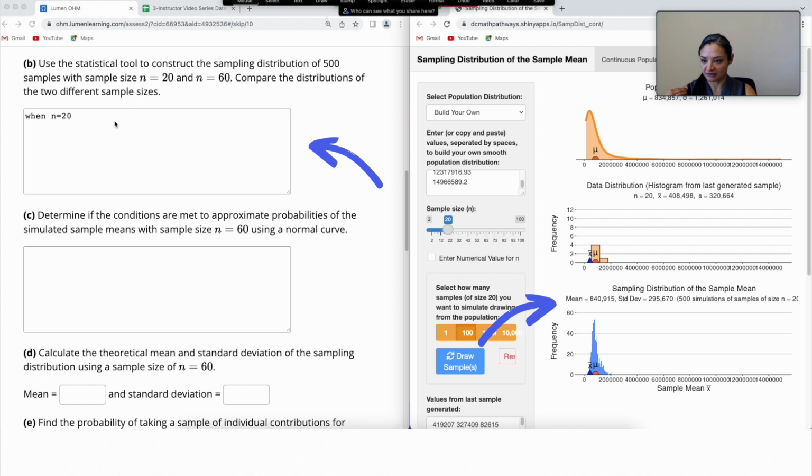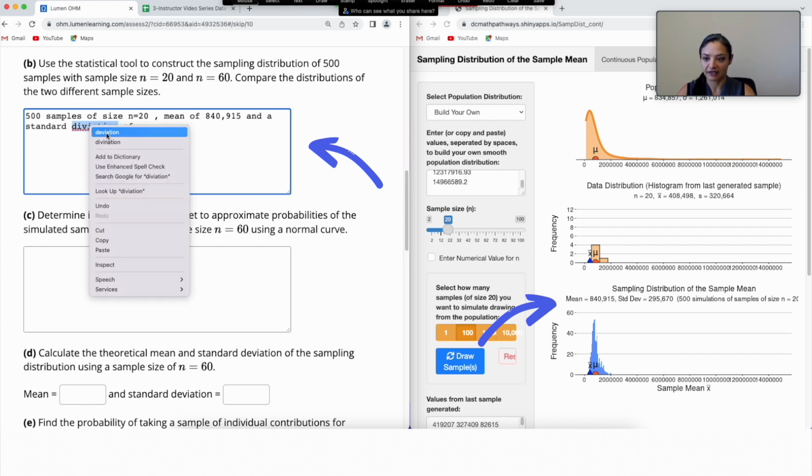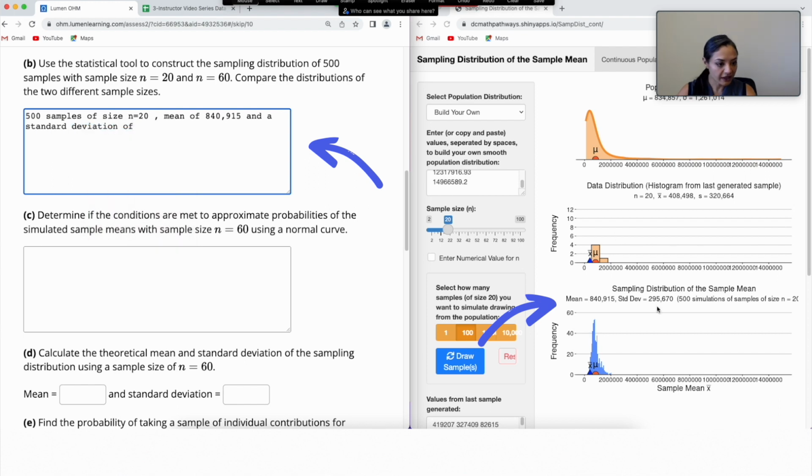So when I do the 500 samples of size n equals 20, I see a mean of 840,915 and a standard deviation of 295,670.